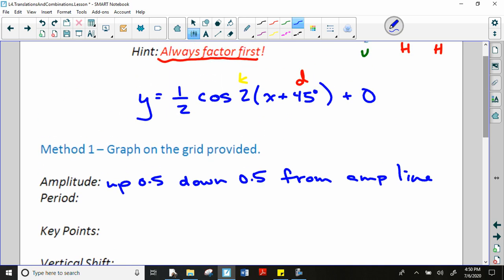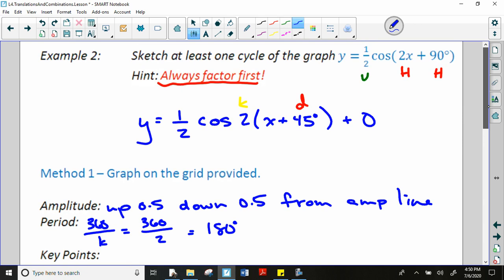Ooh, period is 360 degrees divided by your k value. In our case, that's 2. We actually have a k value. So 360 divided by 2 gives us 180. So it's going to take 180 degrees, 180 meters, 180 seconds, 180 days, whatever the units are, to complete one full cycle.